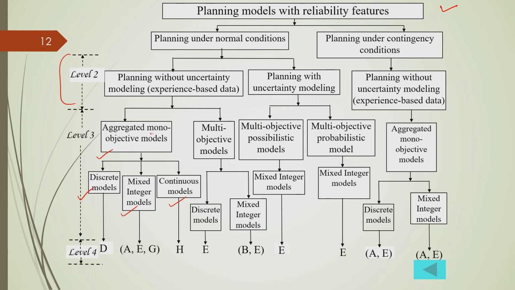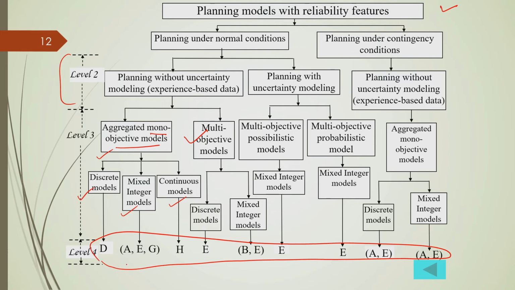We also have mono objective optimization models and multi objective optimization models, and so on. Similarly, at the end you can see the level 4 classification based upon different types of solution strategies used. As I already mentioned, what A, B, C, D and so on mean. So, this is a typical 4 level classification of the available literature on distribution system planning.